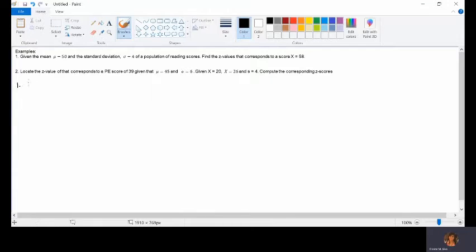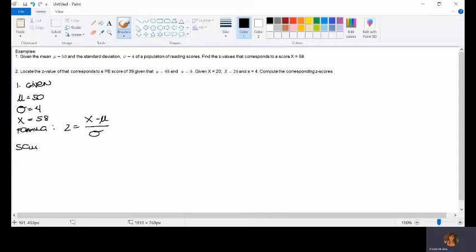For number 1, we have mu, which is your mean, that is 50, your standard deviation of 4, which tells you how spread out the data is, and your random variable of 58. Remember the formula that we talked about earlier. We're going to use z is equal to x minus mu over your standard deviation.